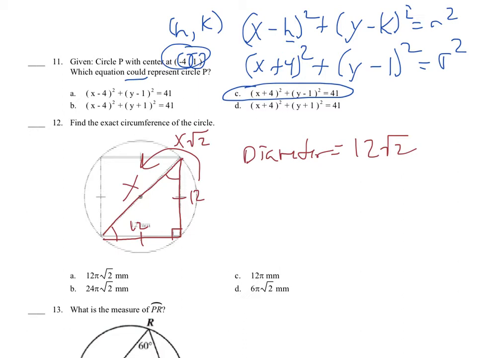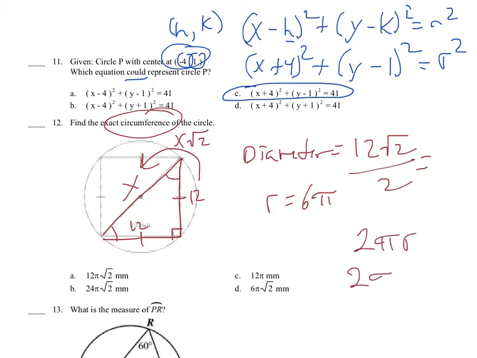Well, the radius would be half of that, which would be 6 radical 2. Now we're finding the circumference, which the formula for that is 2 pi r. So 2 times pi. I'm sorry, I forgot to put it. It's not just 6 pi. It's 6 radical 2 times pi.